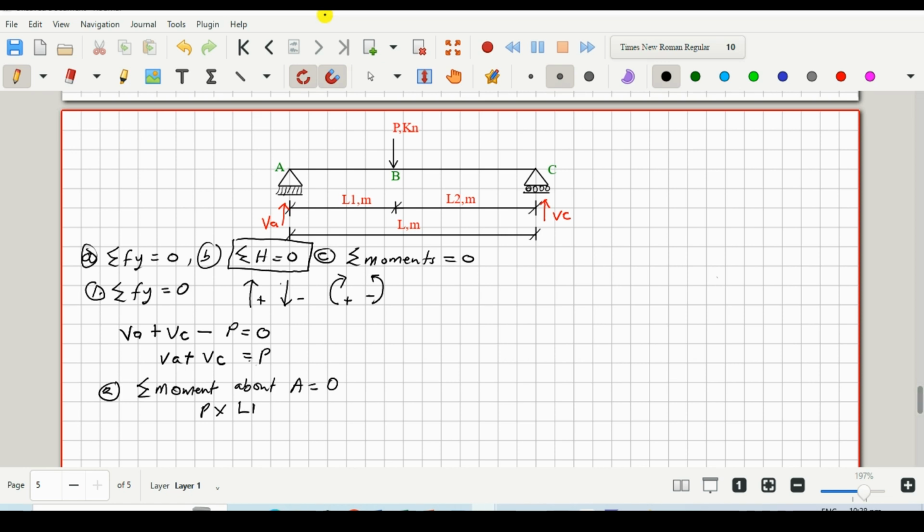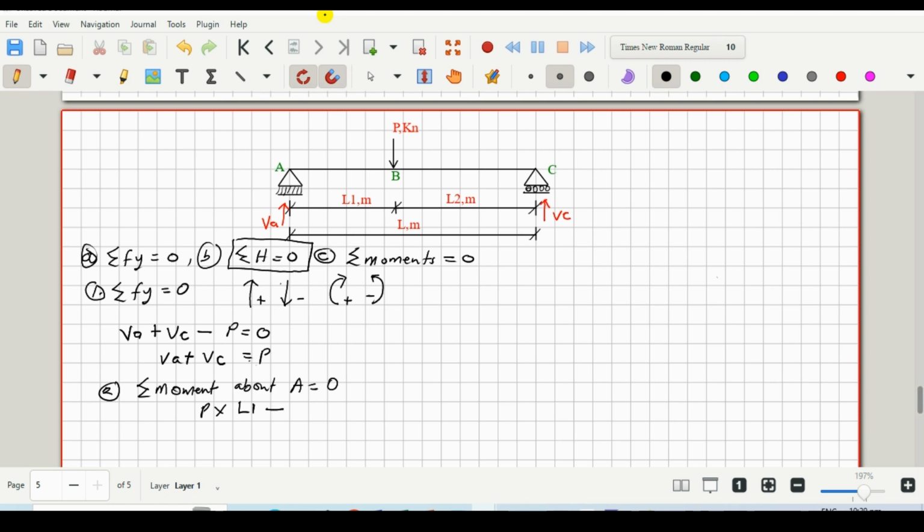And then we have VC, which will also have an anti-clockwise moment about A. It is trying to push the beam up, because of the vertical reaction here. So that will be a negative moment, right?